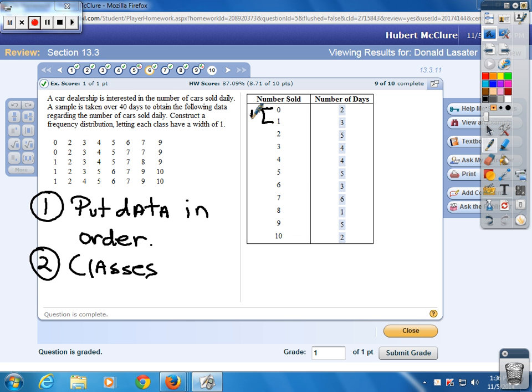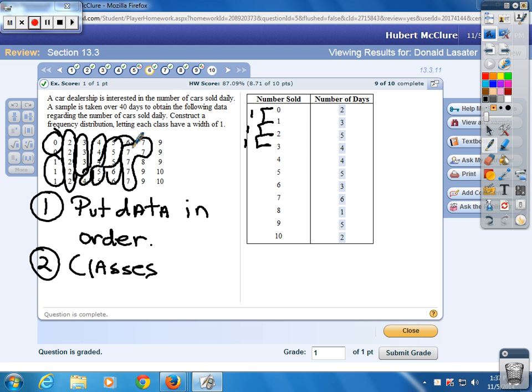Each one of these is a class width of 1. And then you just count. How many are zeros? Well, 2. How many 1s? 3. How many 2s? 5. How many 3s? Sorry, 4. How many 4s? 4. 5 5s. 3 6s.